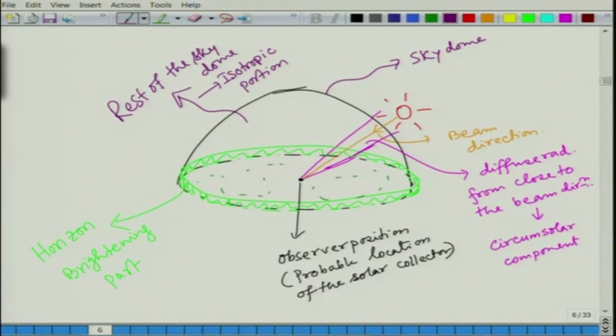So, these are the three major components of the diffuse radiation, and we have also shown that the other major component of the total radiation will be the beam radiation.